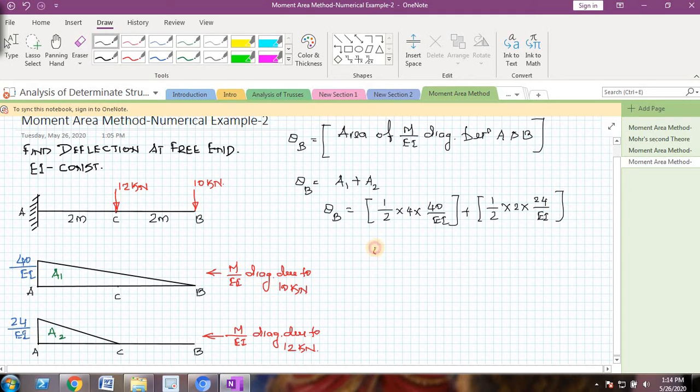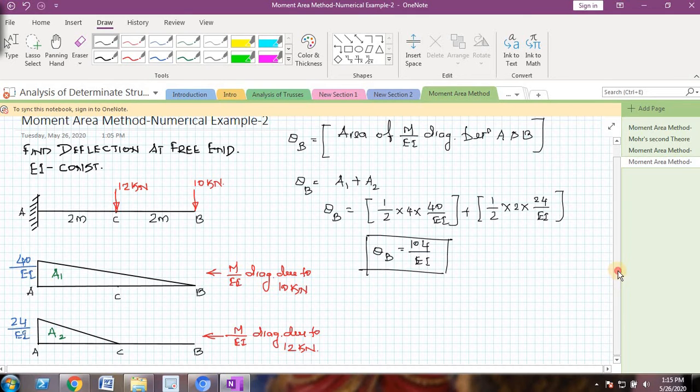Once you solve this, you will get theta B as 104 by EI. So the slope at the free end is 104 divided by EI.